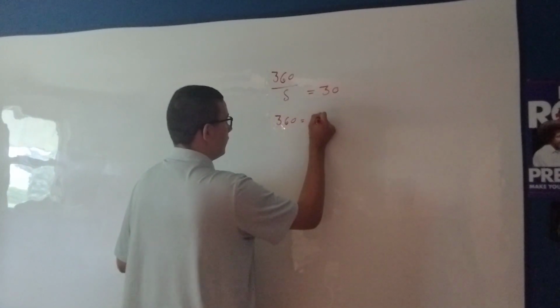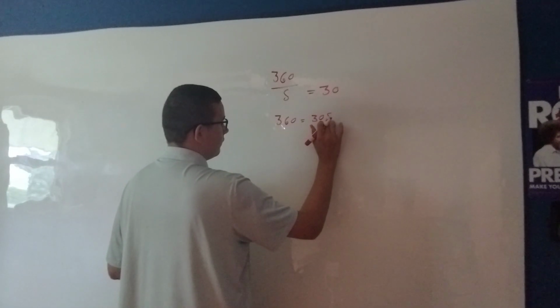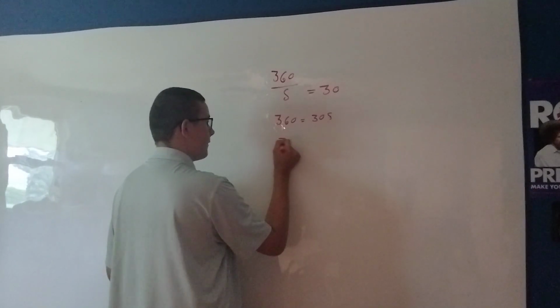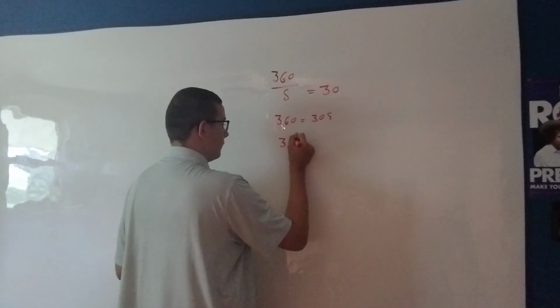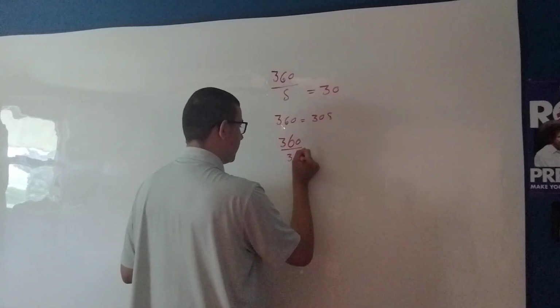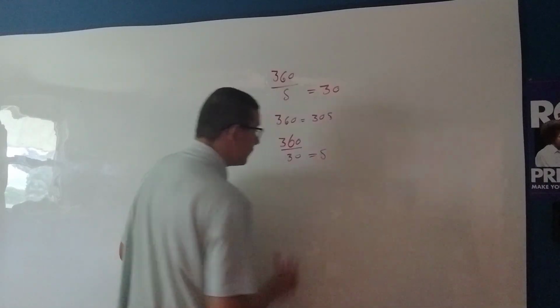So then from here, we multiply by s this way. 360 equals 30s, like this. And then we just divide by 30, 360 over 30 equals s, like that.